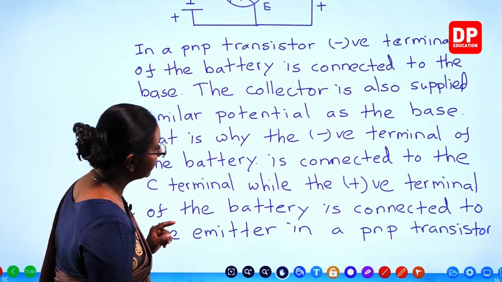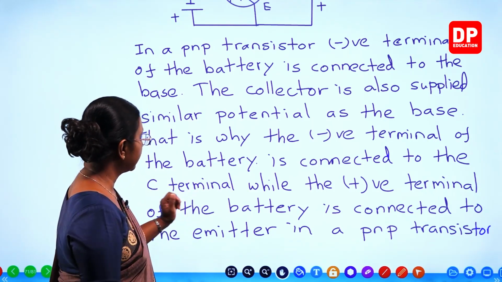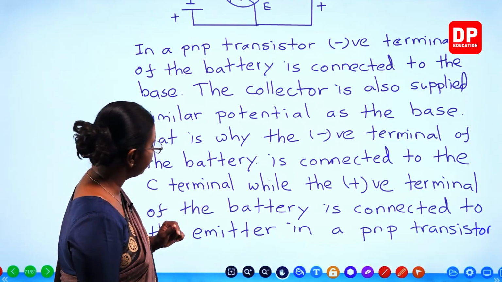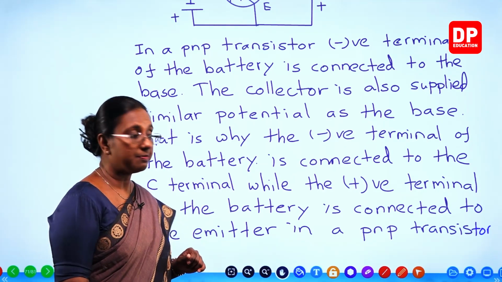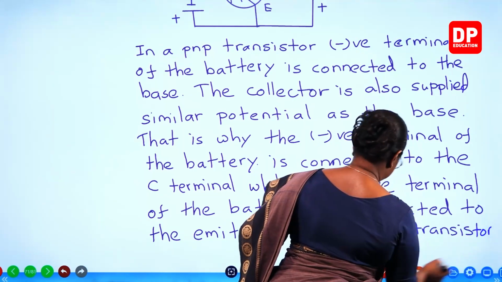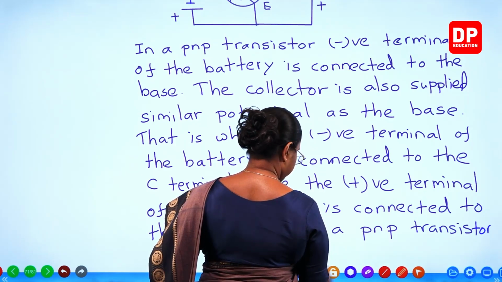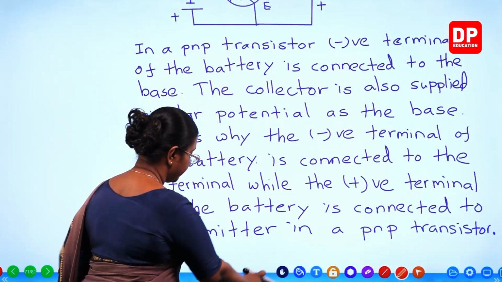That is why the negative terminal of the battery is connected to the C terminal, that is the collector terminal, while the positive terminal of the battery is connected to the emitter in a PNP transistor. So that is how we forward bias a PNP transistor.